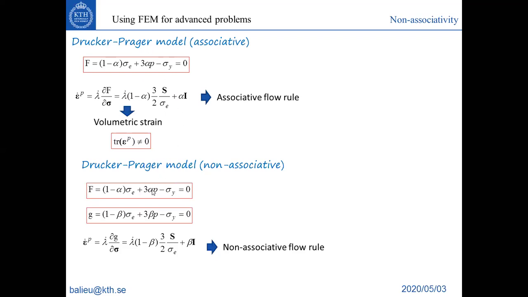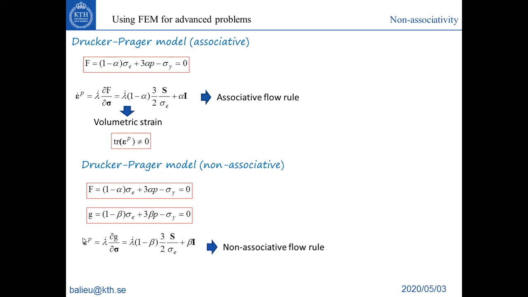But now, if you want to model how the plasticity will evolve when the plasticity starts, we will use a new potential, which of course is very similar to the first one, but the material parameters can change. So now I deduce my plastic evolution by taking the derivative of not this yield surface, but this second potential here.